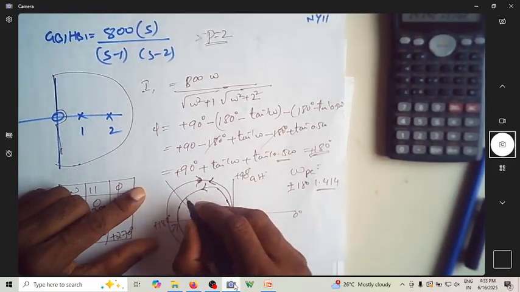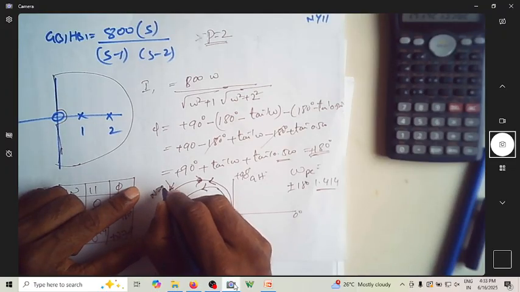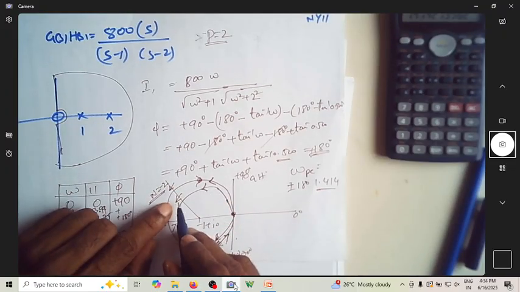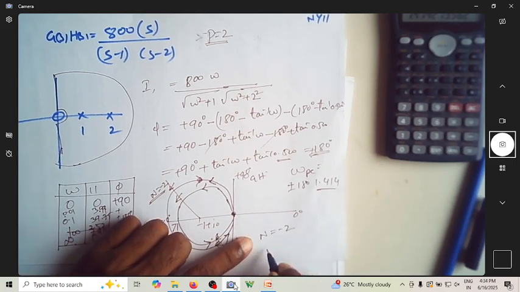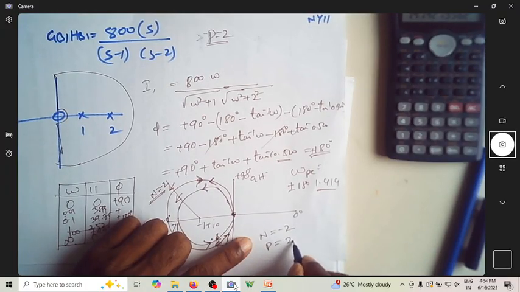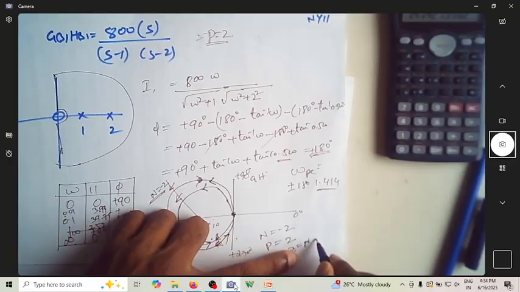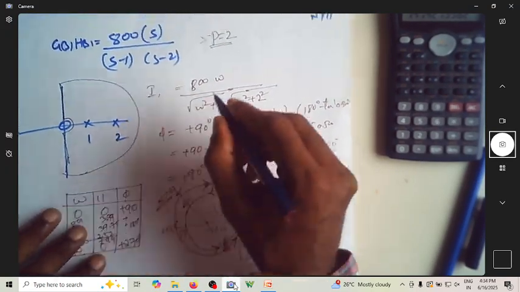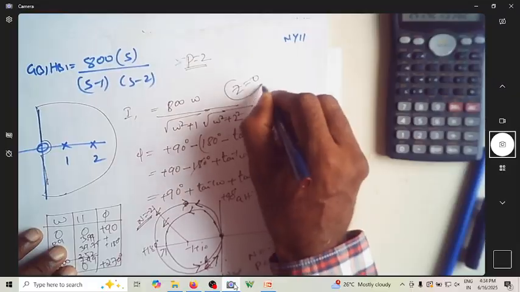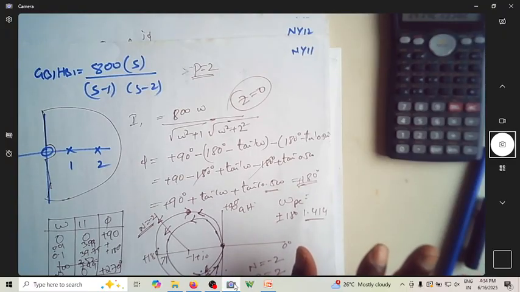You can see this is once, twice, so N is minus 2, because it's going in the anti-clockwise direction. P is 2, so Z is N plus P, which is minus 2 plus 2, and that becomes 0. So Z is equal to 0, meaning that the system is stable.